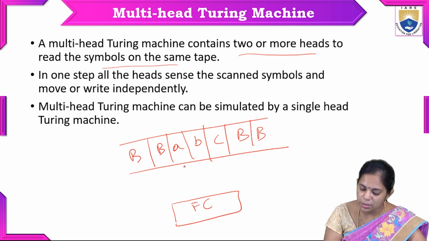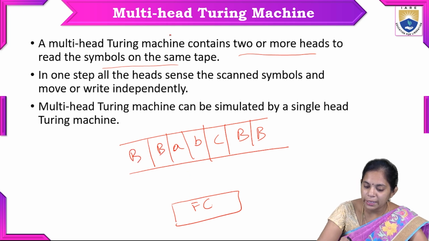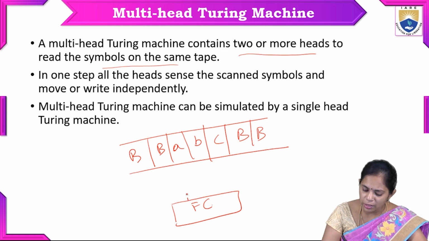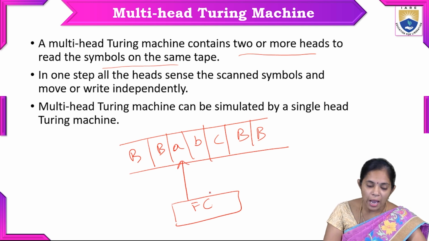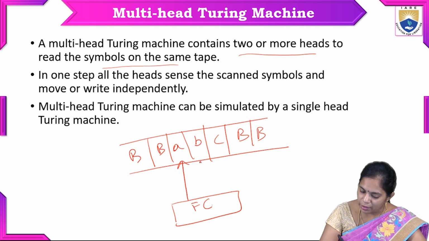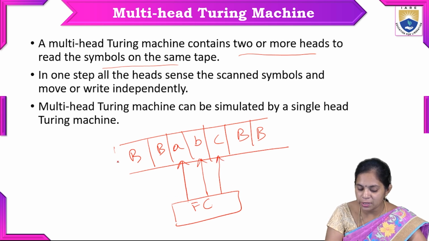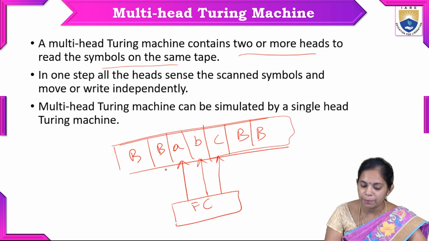So for this input, the finite control has the multi-head. For A input it is one single head, for B input it is going to the C. So these multiple heads are on the same tape.